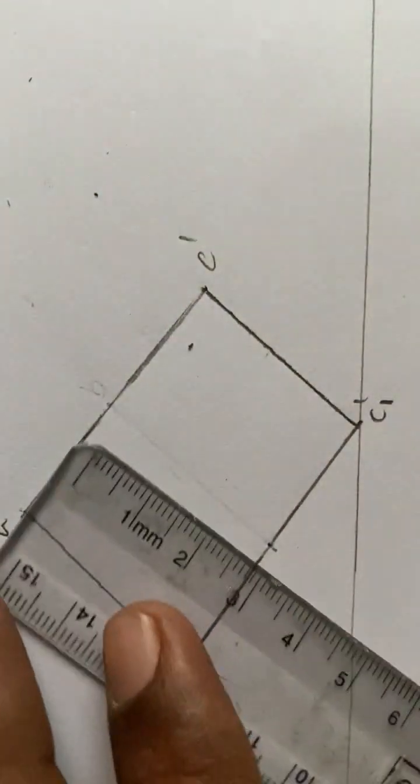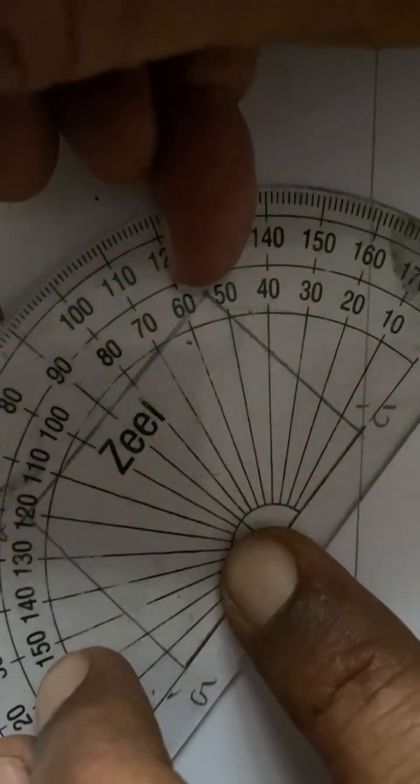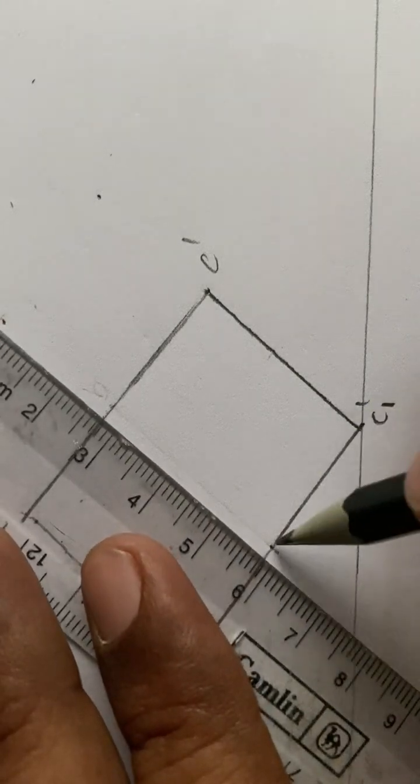Okay, so if you want, I can take a protractor, mark it 90 degrees so that you know your join this.